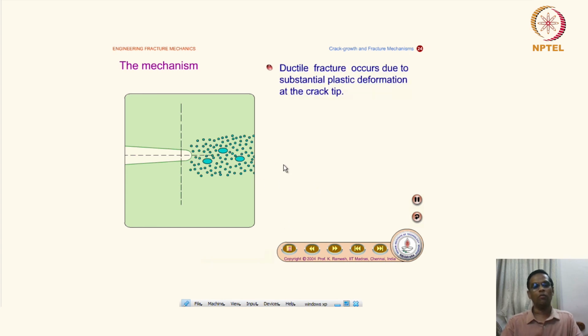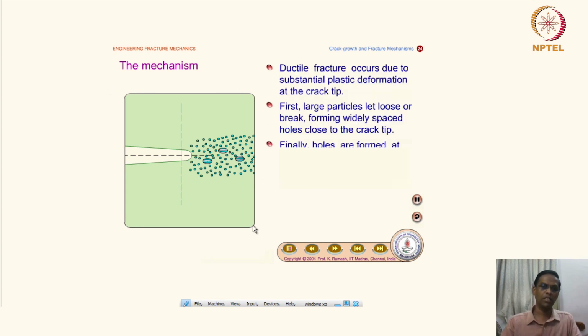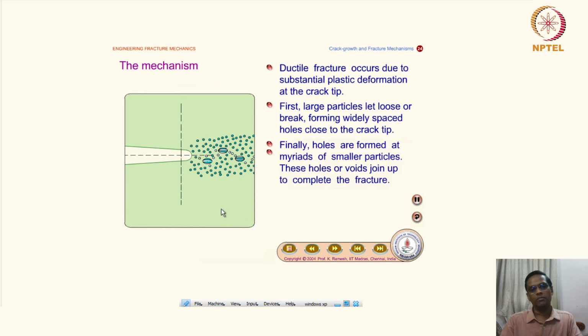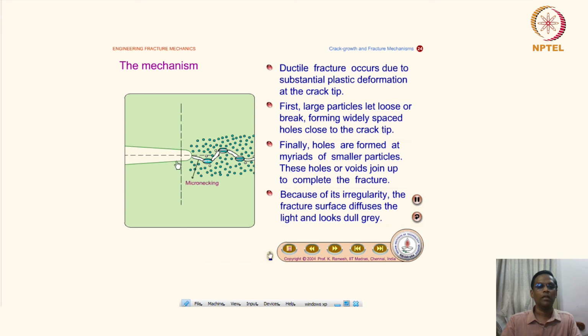So one schematic shows this particle mediated ductile fracture. This is a crack. You can see the crack tip. You have two types of particles, the coarse ones and the small ones. Ductile fracture occurs due to substantial plastic deformation at the crack tip.